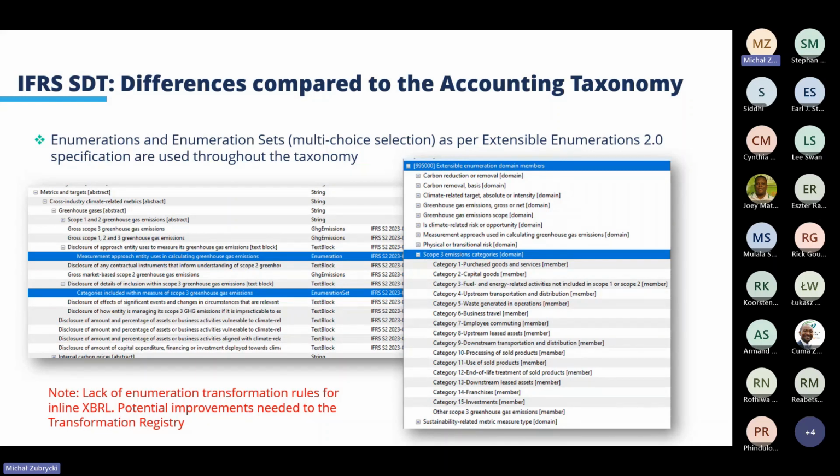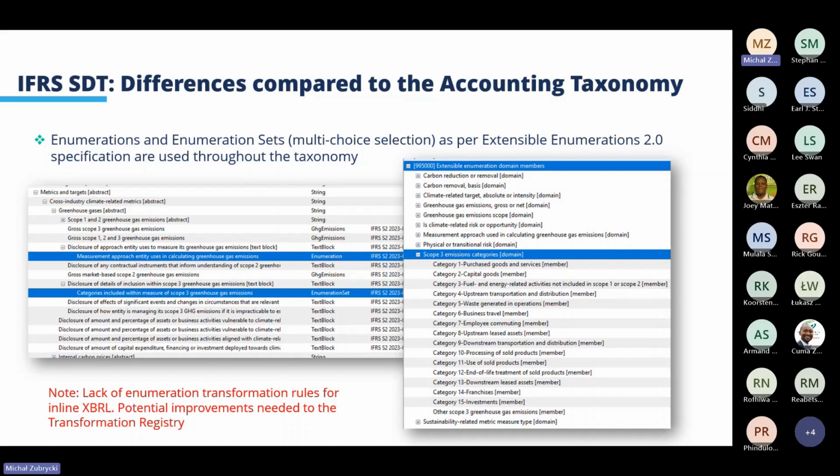Extensible enumeration is basically a specification of XBRL that allows us to create drop-down lists. So basically, predefined selections that the entities may take when reporting a given disclosure, given information requirement.